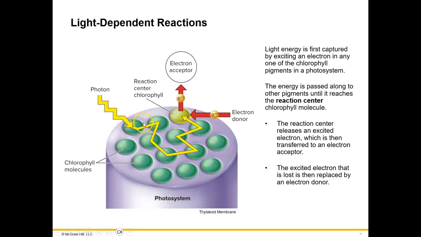But the goal is pass the energized electron on through until it can get to the electron transport system, which is the next stage of photosynthesis. Once that electron's passed through, we have to replace it with an electron donor that's coming from water.